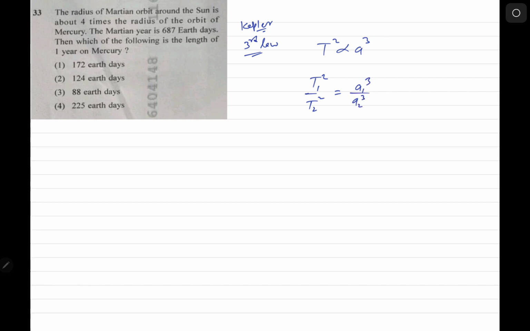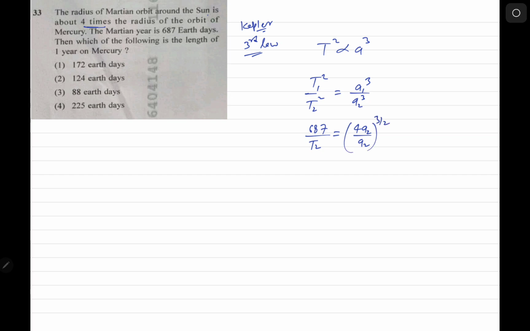The time period of the Martian year is given as 687 days. The T2 is equal to... it says that the radius of the Martian orbit around the sun is 4 times. So a1 is 4 times a2, by a2, to power 3 by 2.